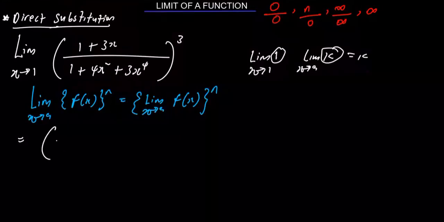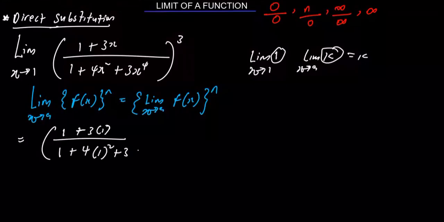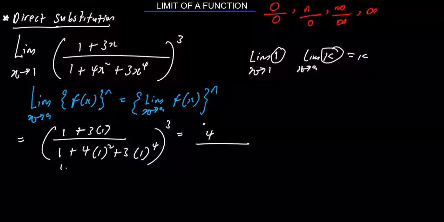You still have your power. This will give me 1, this will give me 3 times 1, all over 1 plus 4 times 1 squared, plus 3 times 1 to the power of 4, then raised to power 3. So the numerator gives me 4, and the denominator gives me 1 plus 4 plus 3, that will give me 8.